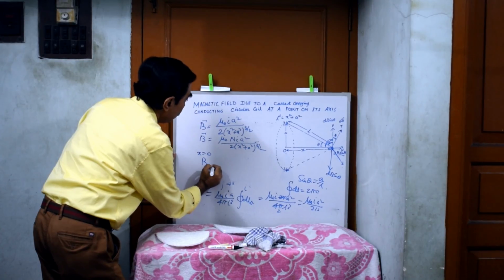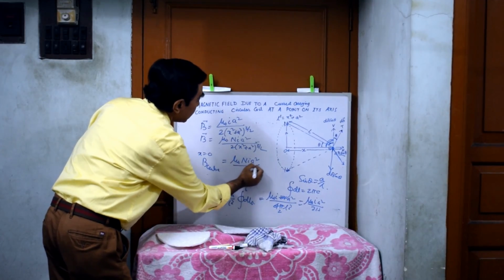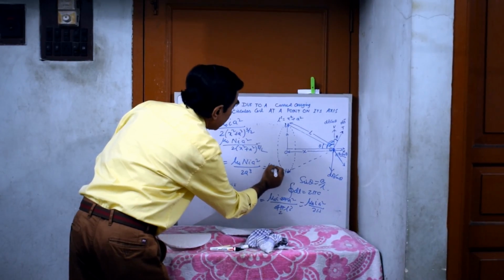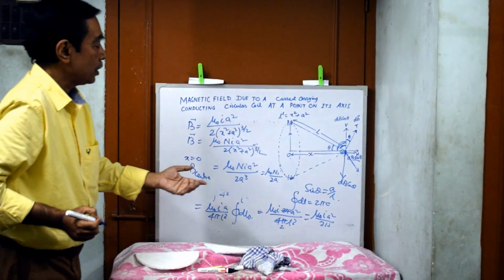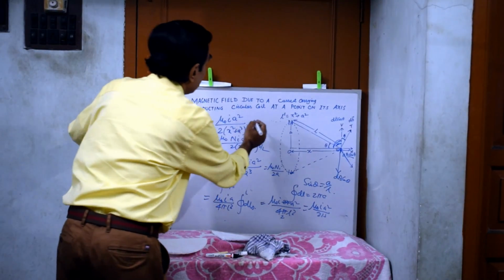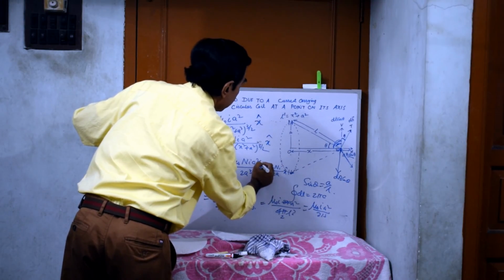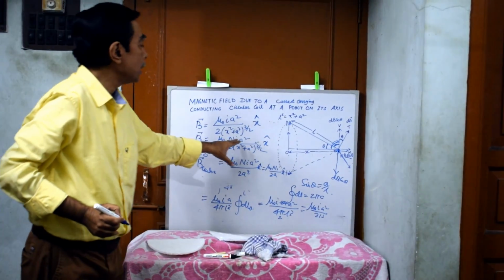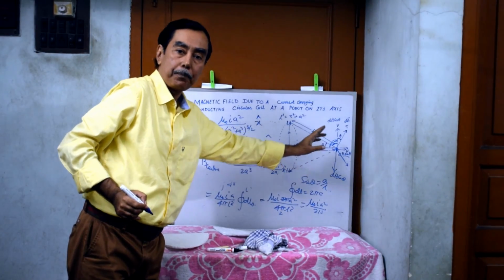B center equals mu 0 n I a square divided by 2 a cube, giving mu 0 n I by 2a. Now what is the direction? I have already told you the resultant field is along the x-axis. So here put a unit vector x cap. This is the magnetic field at the center, and this is the magnetic field at any point which is at a distance x from the center of the coil.